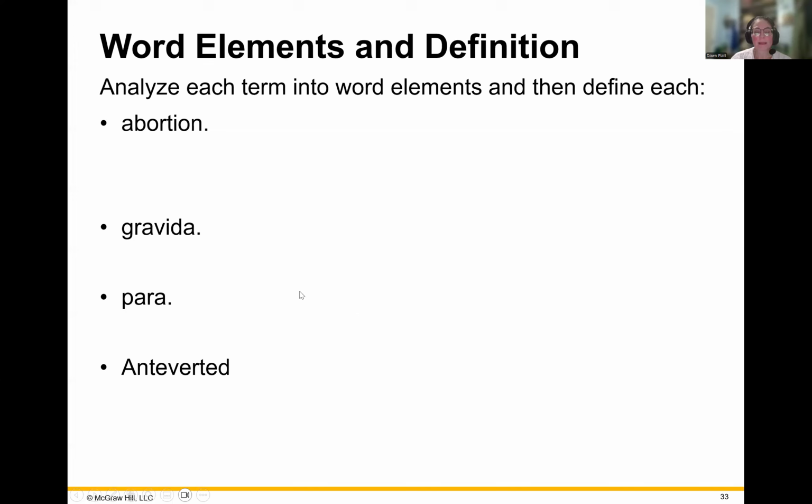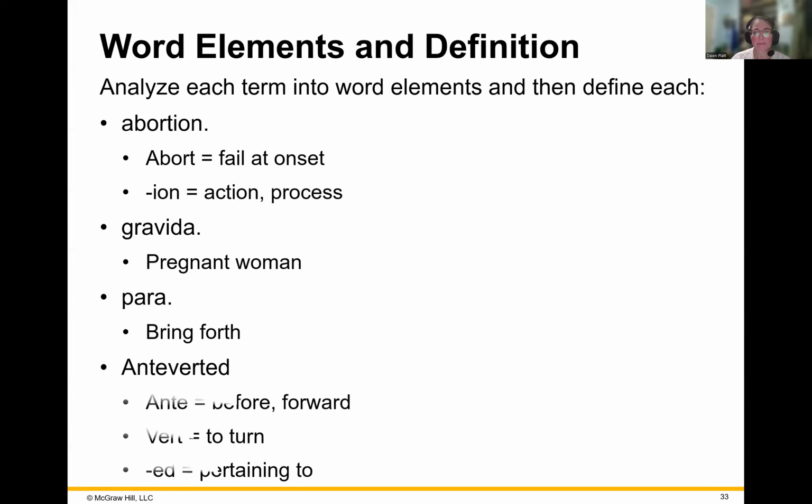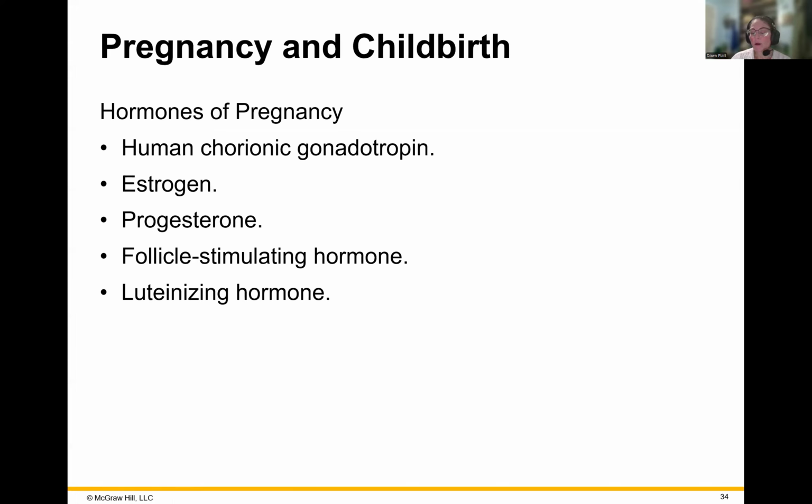Here are some other terms that you might see: abortion, gravida, para, anteverted. The hormones of the pregnancy, these are different hormones of the pregnancy and the childbirth.